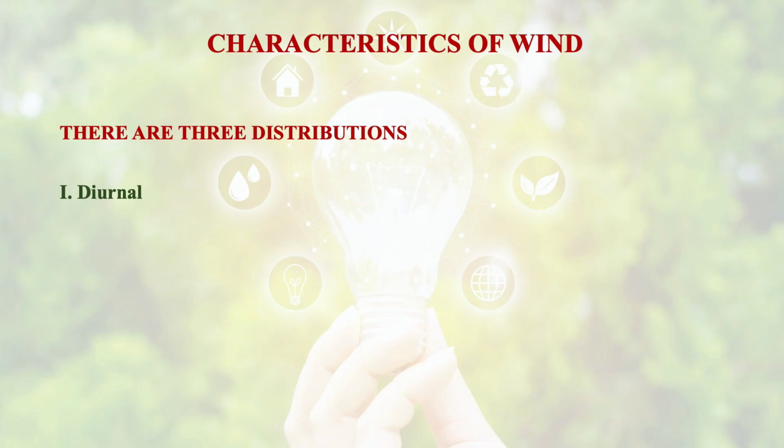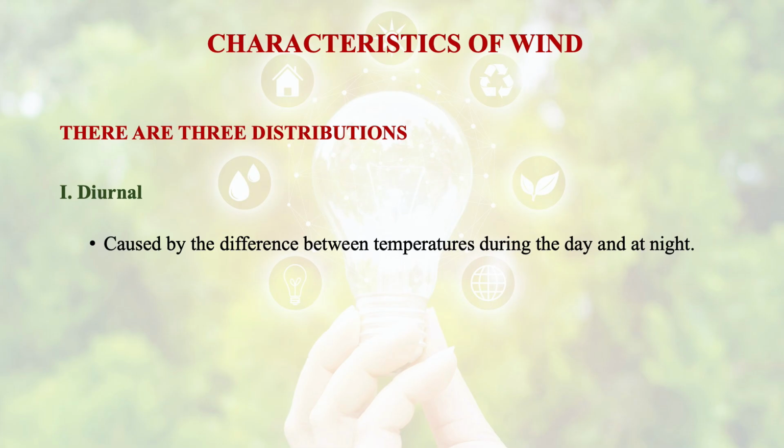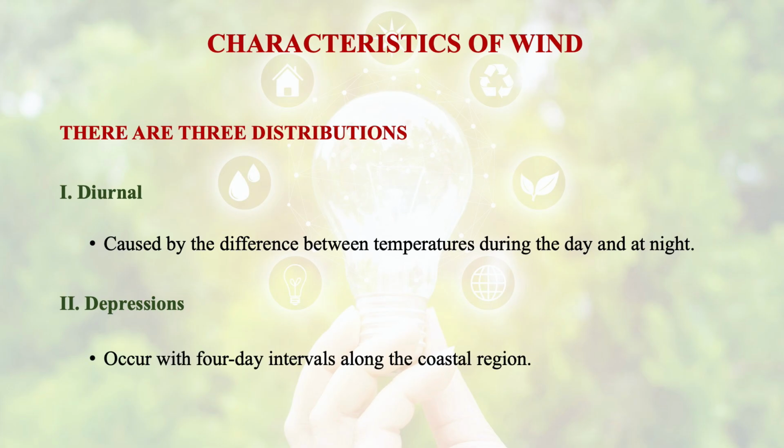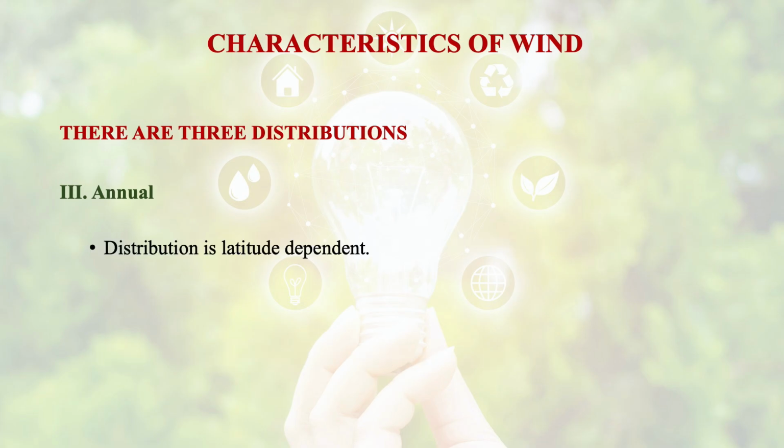In diurnal, what happens? It is caused by the difference between temperature during the day and at night. Then another type of distribution is depressions. This occurs with 4-day intervals along the coastal region. Then comes the annual. It is the distribution that is dependent on the latitude of that particular region.